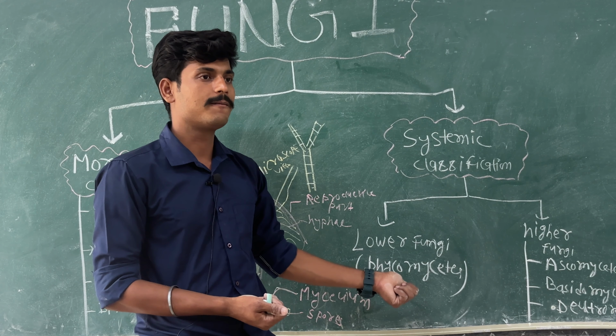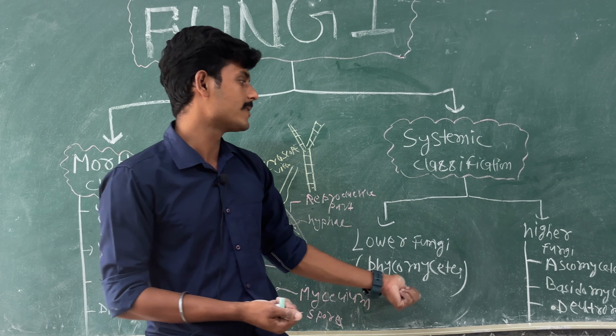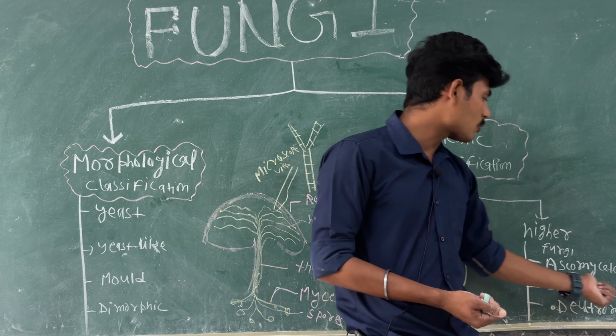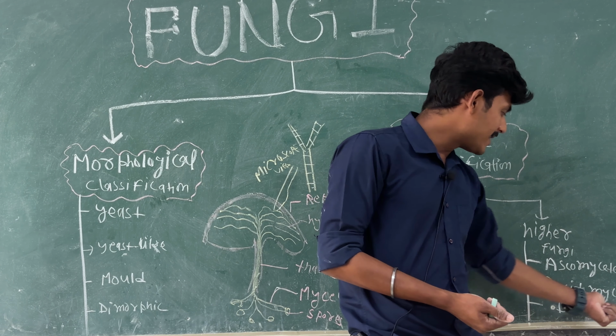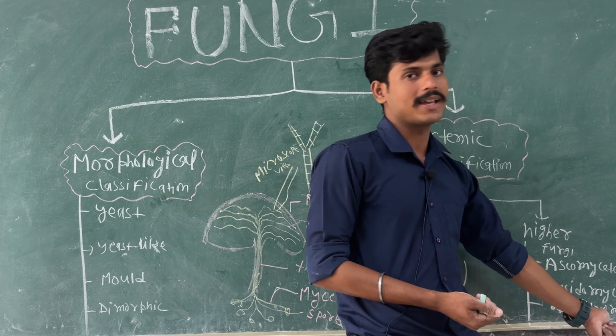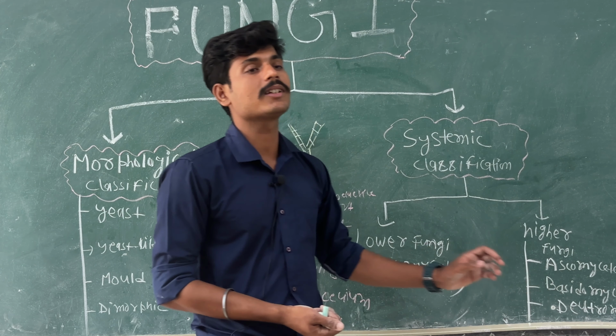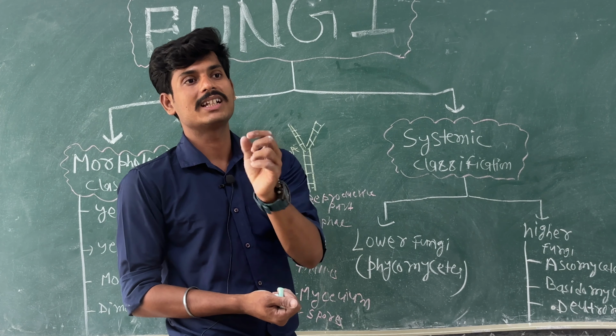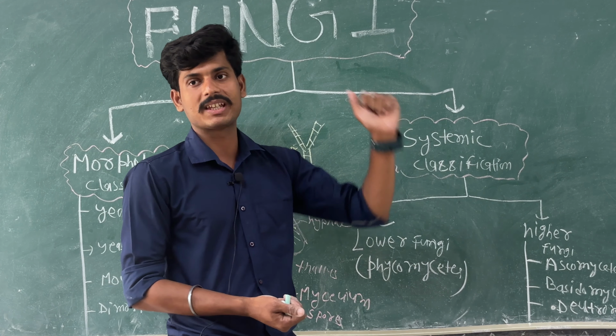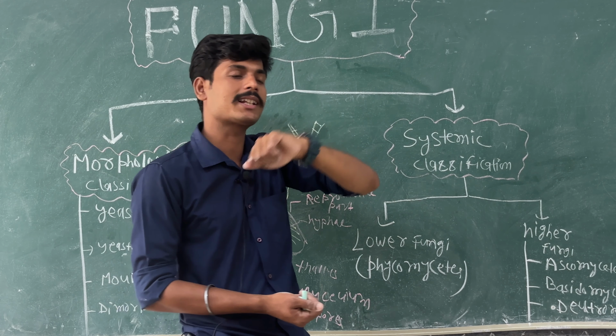Which class? Phycomycetes. Under the higher fungi, Ascomycetes, Basidiomycetes and Deuteromycetes. Basically, they form different kinds of spores. So the classification goes with lower fungi and higher fungi. Clear? Do you have any doubt in classification?